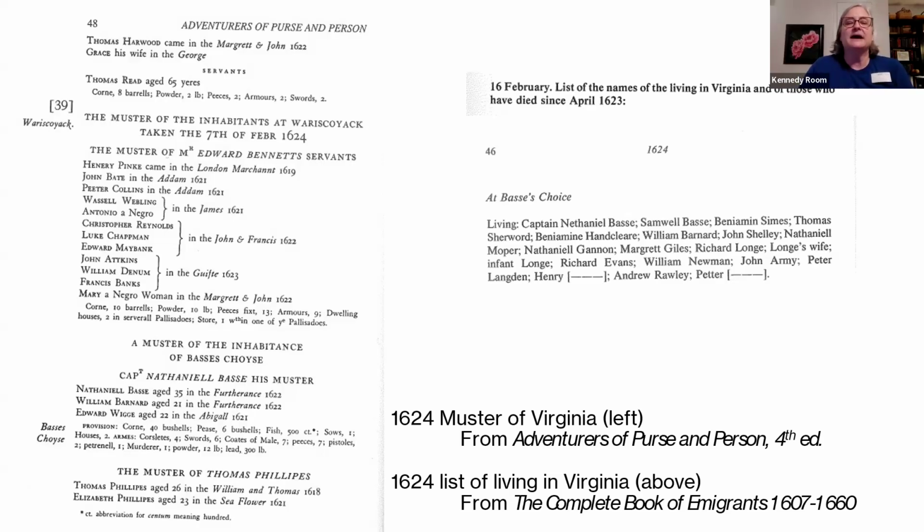On the right-hand page, or right-hand of the screen, on the 16th of February, there's a list of the names of the living in Virginia and those who have died since April 1623. So they were trying to keep at least a head count. There were a lot of diseases that took people out, a lot of accidents.